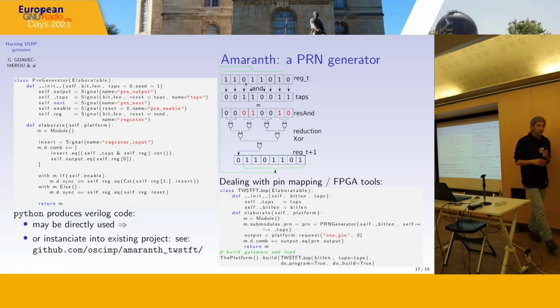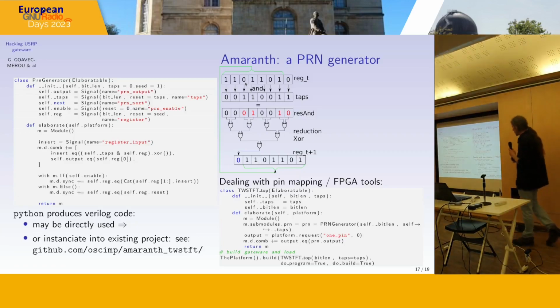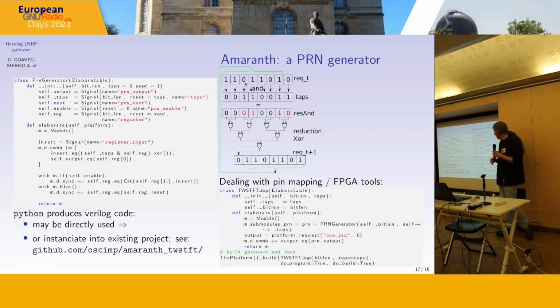Module is a specific Amaranth class. This one provides a clock domain. And the first part, the m.d.comb, is the asynchronous part where we do everything.